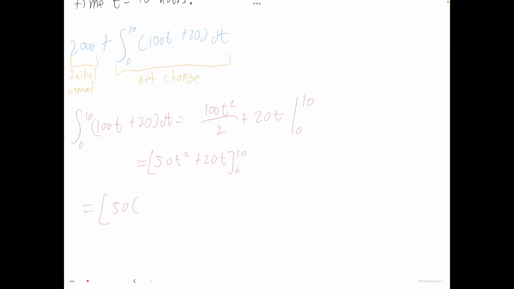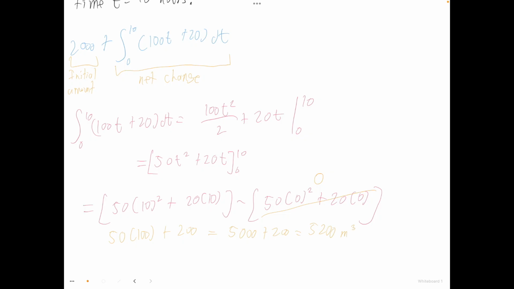So we have 50 times 10 squared plus 20 times 10 minus 50 times 0 squared plus 20 times 0. Hopefully it's clear this second part is going to be 0. So we're going to have 50 times 100 plus 200. So this is going to be 5,000 plus 200. So we get 5,200. And then our units are meters cubed.